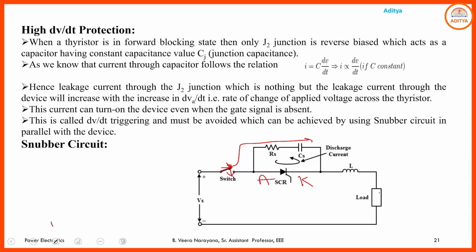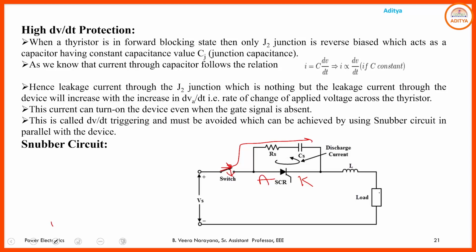What is the function of the capacitor? It does not allow a sudden change of voltage. Just after closing the switch, the voltage across the SCR is 0, and depending upon the charging of the capacitor, the voltage across the SCR gradually increases.